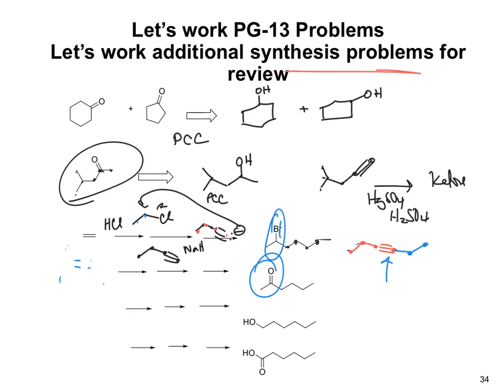You'd have to make an alkyne from this. So you do electrophilic addition, and then you'd have to do sodium amide and heat to dehalogenate that, and that's how you make an alkyne.